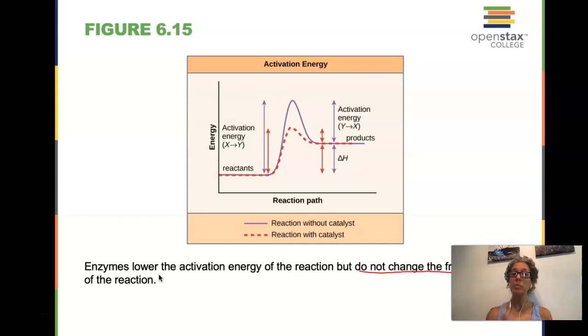And so they can speed up a reaction rate, but they cannot change the free energy change. There will always be the same amount of difference of free energy between the reactants and the products. We can't change that, but we can change how fast we get there. So the enzymes get reused over and over again.